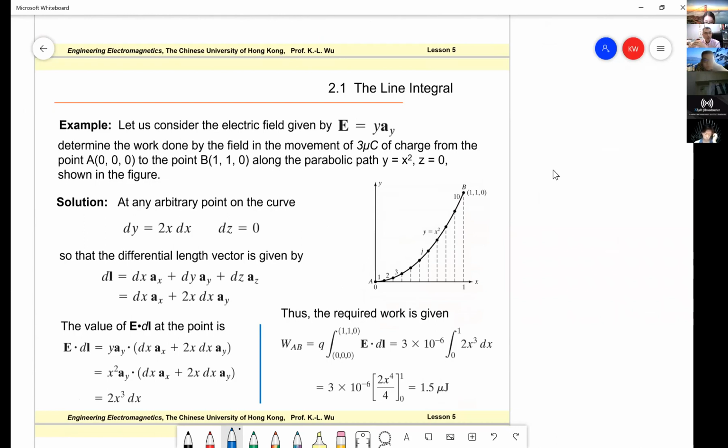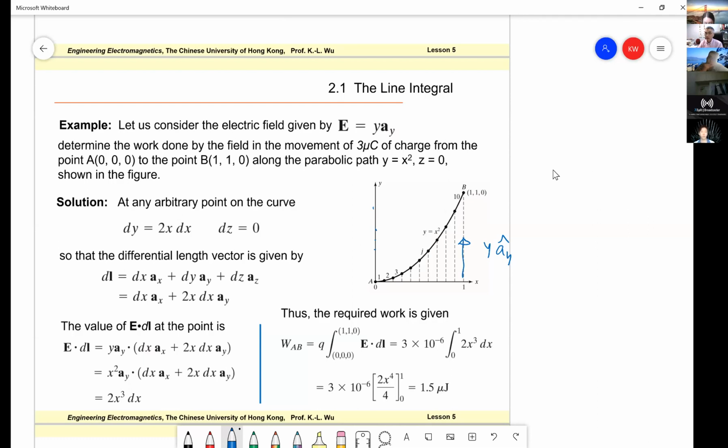That means the strength depends on the location of y: the larger the y, the higher the field strength. So it's just an artificial question.